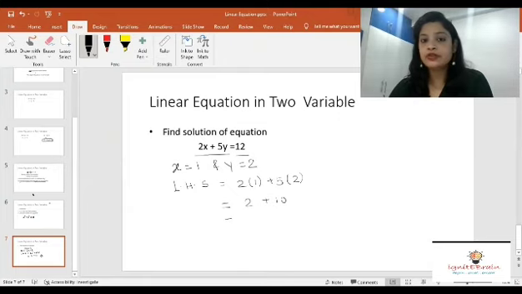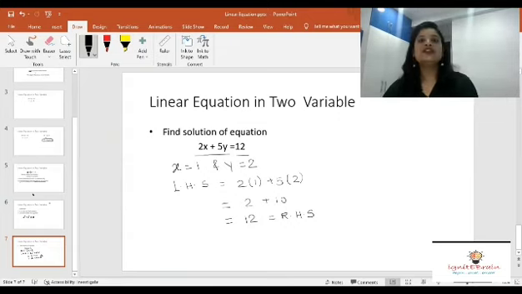So 2 plus 10 is 12, and that is equal to the right hand side. So left hand side is equal to right hand side. It means x equal to 1 and y equal to 2 is the solution of this equation.